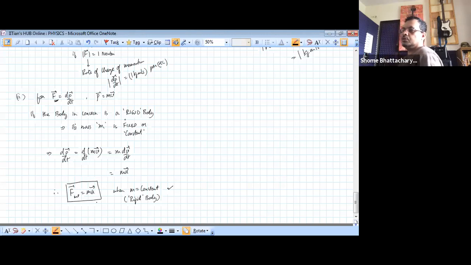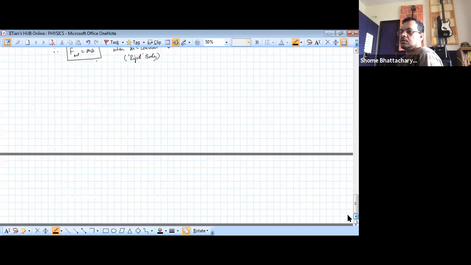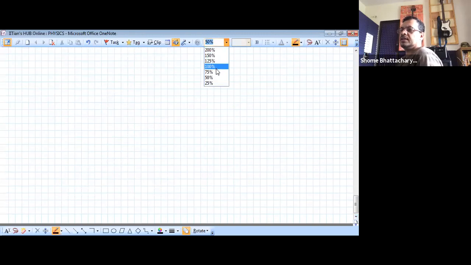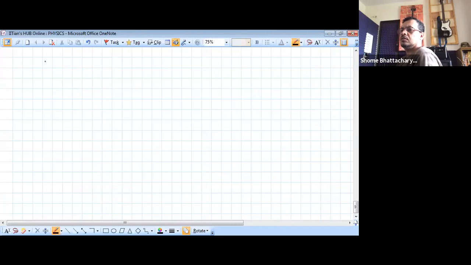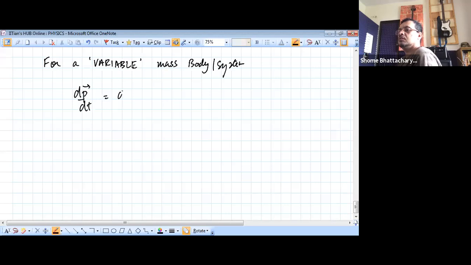Okay, so hope you've written down this part. On the other hand, what happens if mass is variable? For a variable mass body or system, the rate of change of momentum will then have to be calculated by the product rule of differentiation.